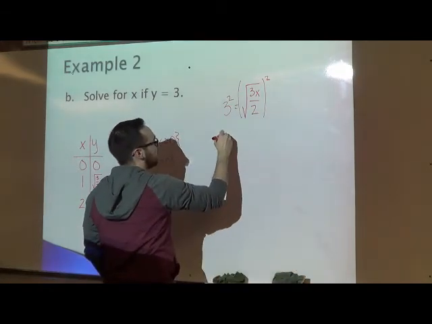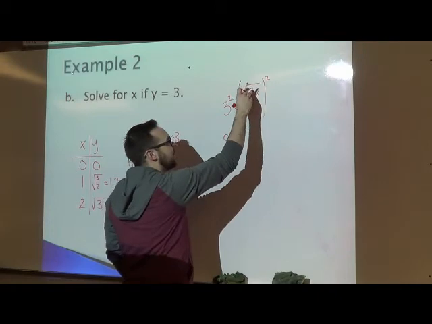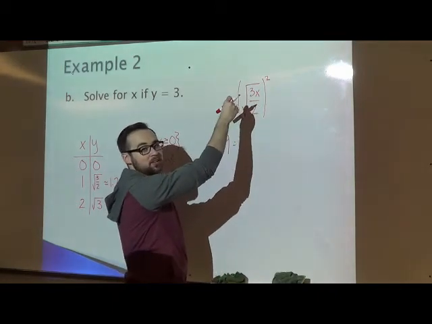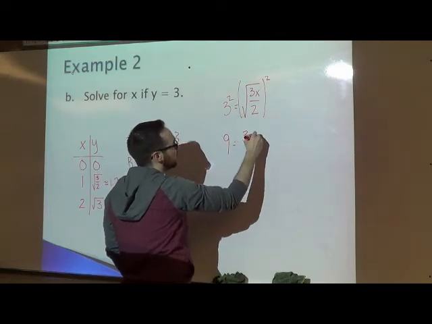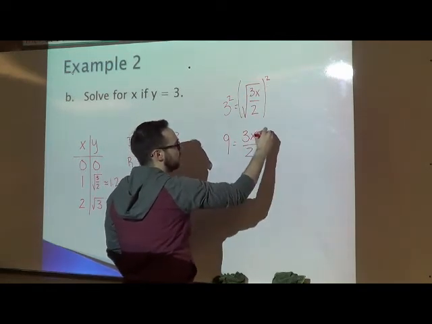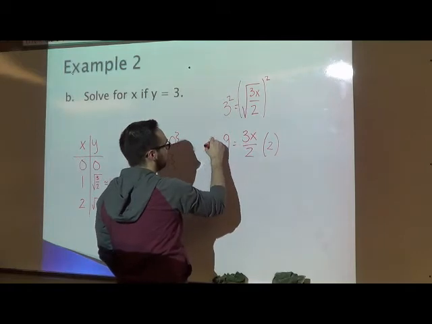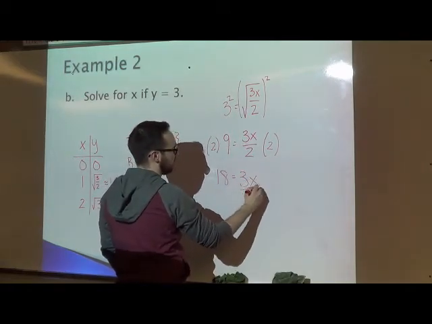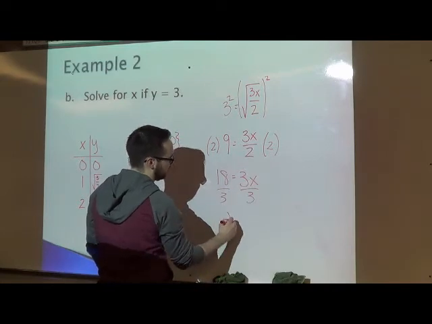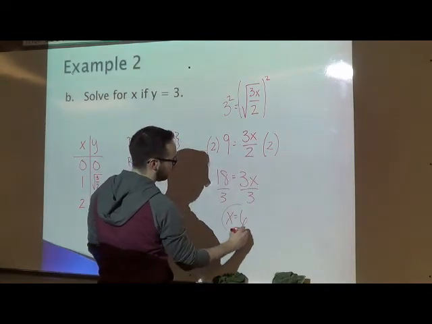So 3 squared is 9. Now nothing inside the radical gets squared. It just cancels the square root. So it stays 3x over 2. And multiply by 2. So we get 18 is equal to 3x. Divide by 3. X is equal to 6.